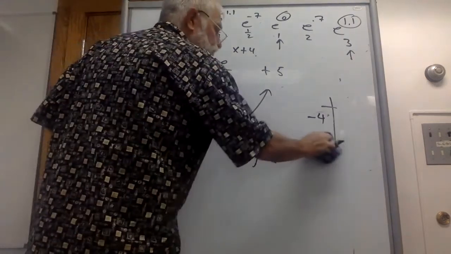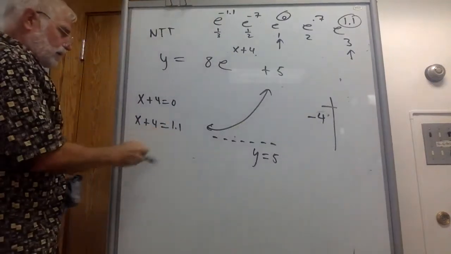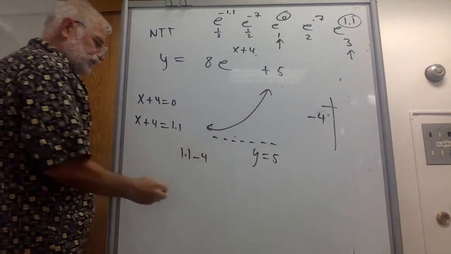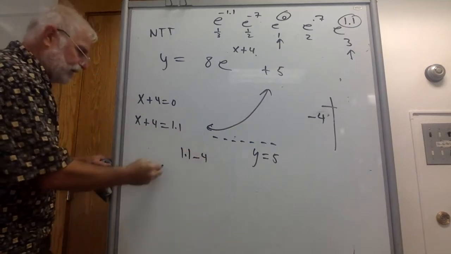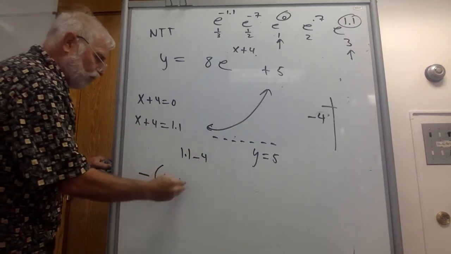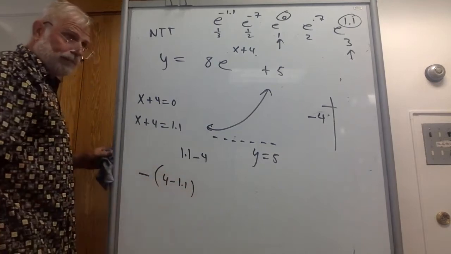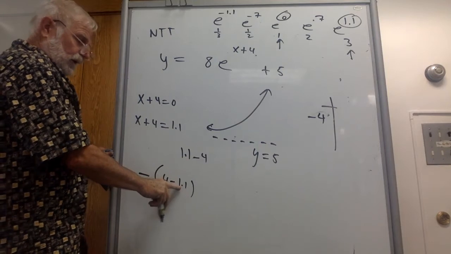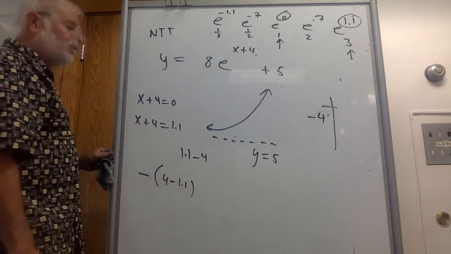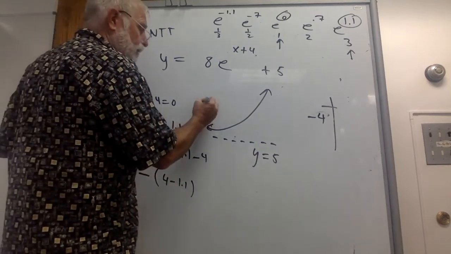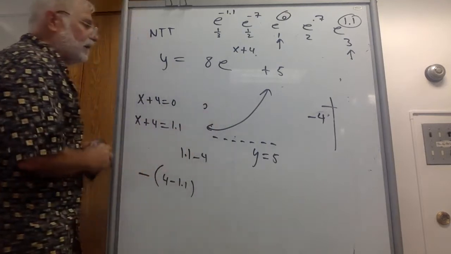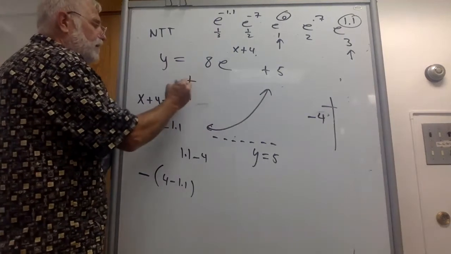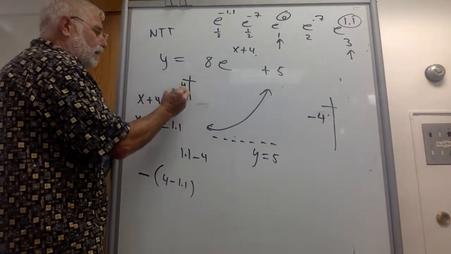So what makes the next number 1.1 minus 4, which is the same thing as the opposite of 4 minus 1.1. That's an easier way to do the problem. 4 minus 3 minus 1 is 3. And if I drop down another 0.1, 2.9 is going to be the second number. Brain's getting a little tired here. So the two numbers that are important are 4 and 2.9.